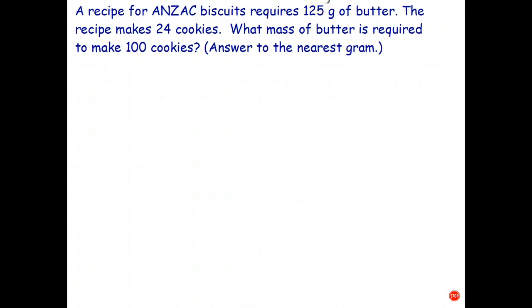So we've got 100, we've got 24 cookies per 125 grams of butter. In fact, I'm going to write that the other way around. 125 grams of butter per 24 cookies.